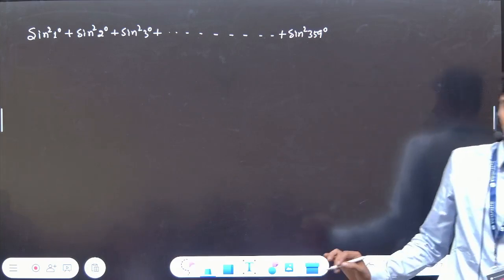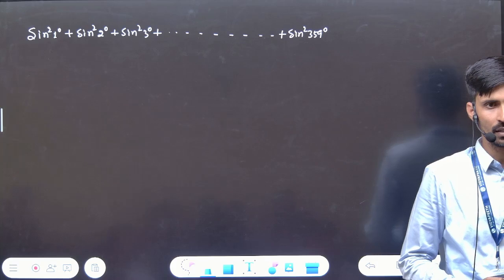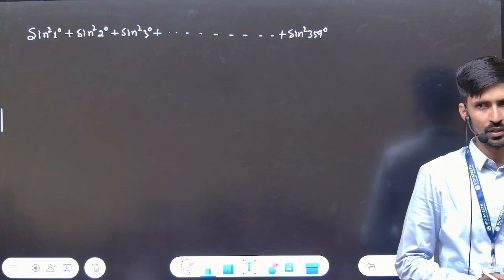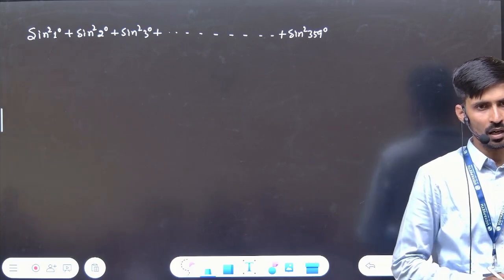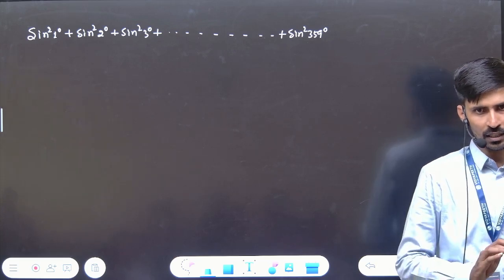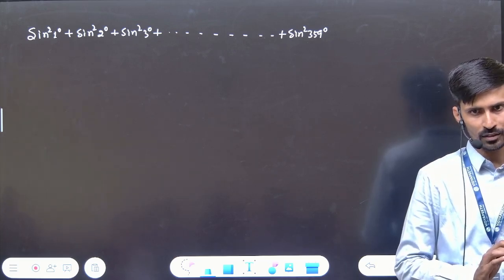How many of you understood how to solve this question? Raise your hand. 2, 3. 100% means don't take it in another way. I am saying 100% all three will be wrong.